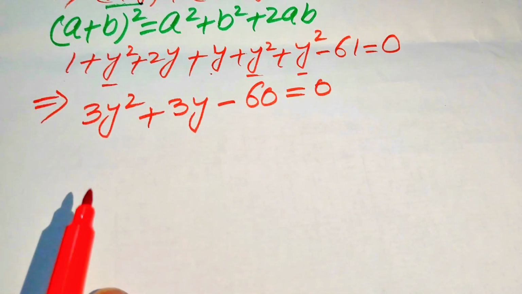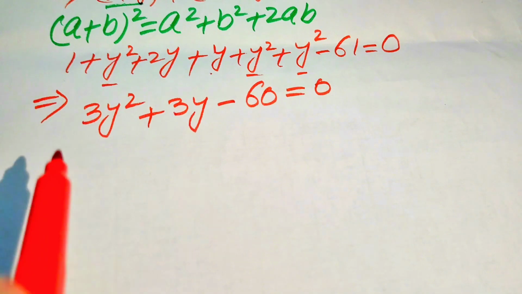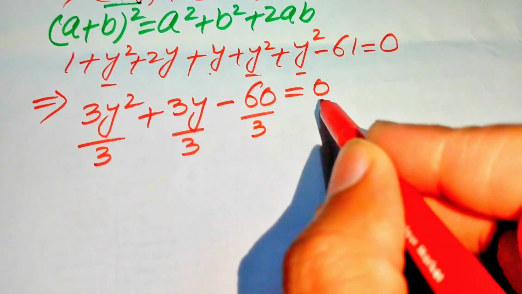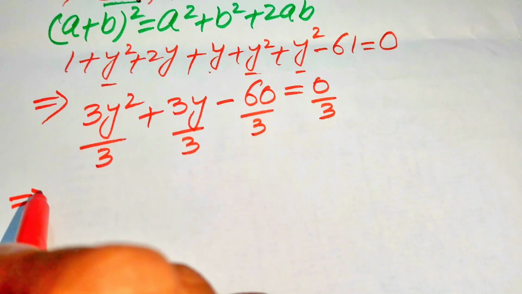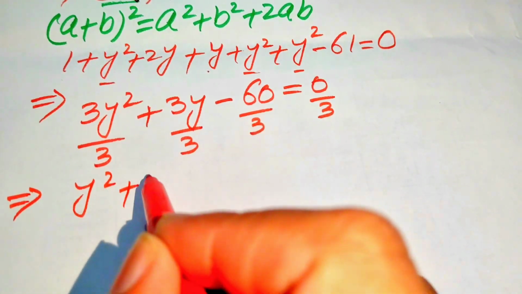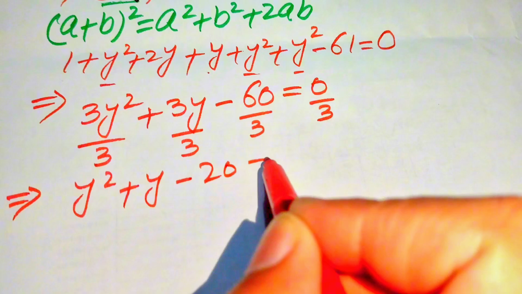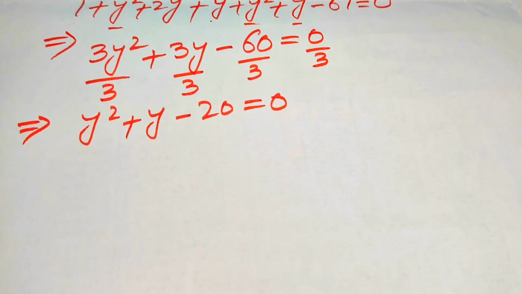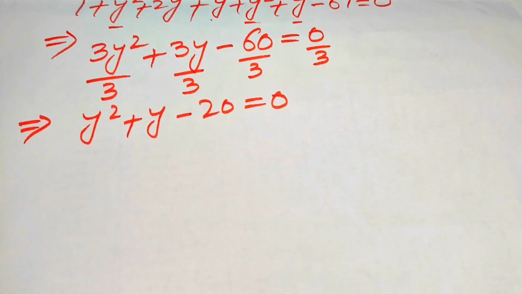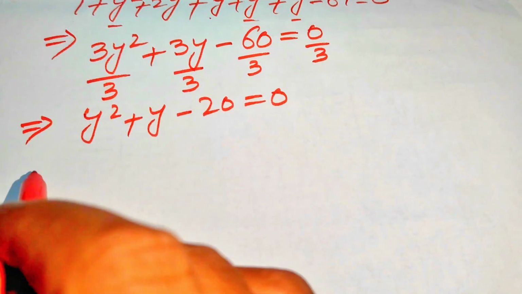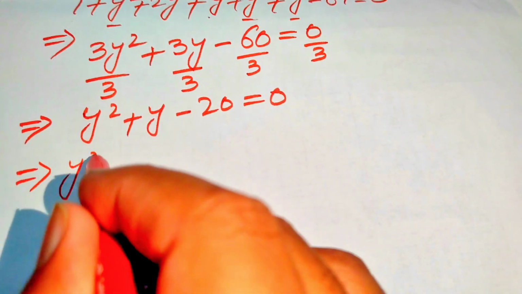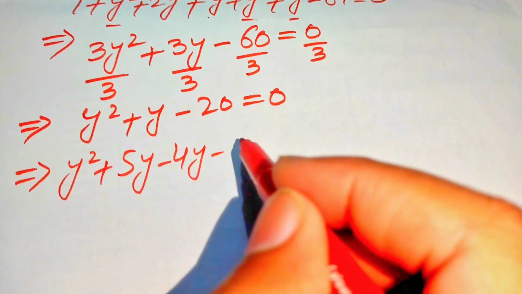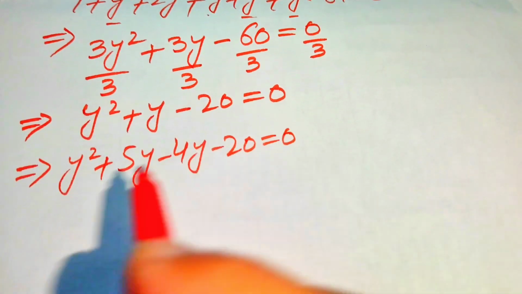Now you see each of these terms is divisible by 3, so we divide each term by 3 on both sides, and we obtain y squared plus y minus 20 equals 0. This becomes a quadratic equation in the variable y. Now we factor this equation: y squared plus 5y minus 4y minus 20 equals 0.